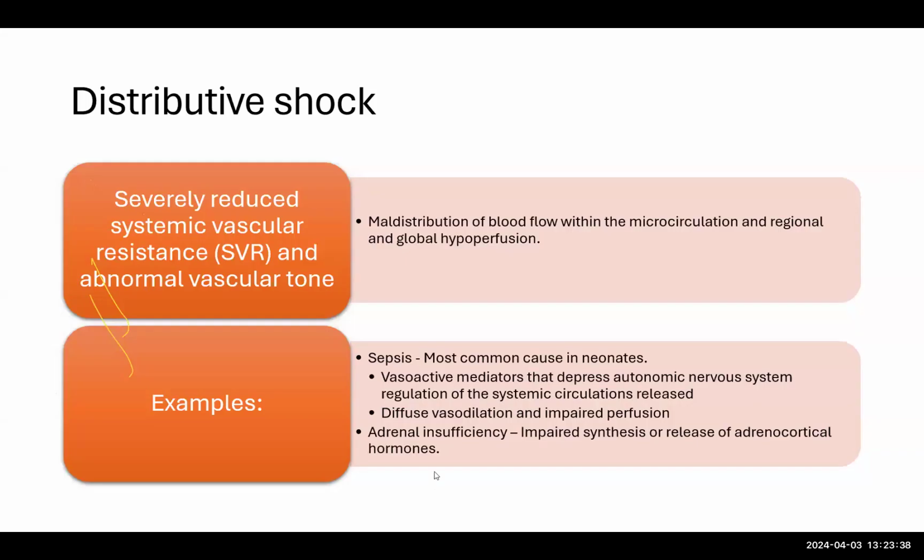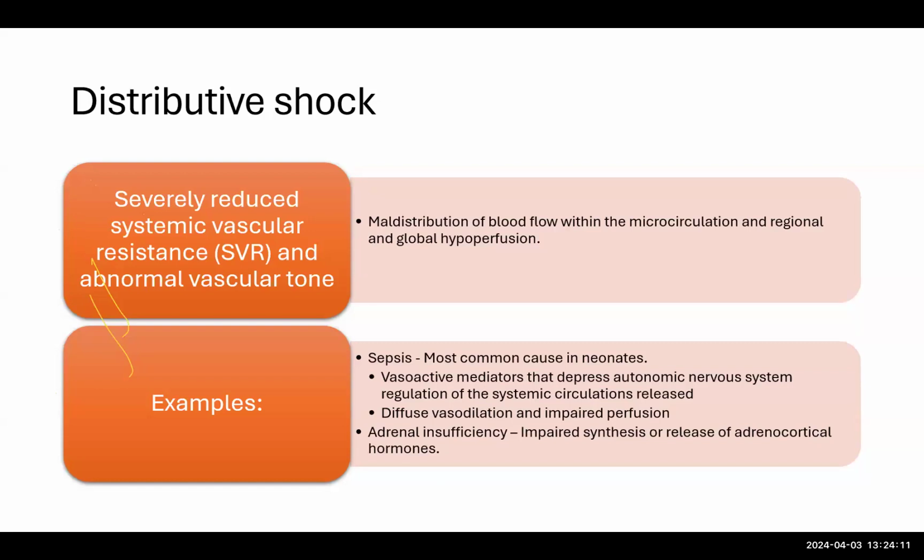Distributive shock. We talk about reduced systemic vascular resistance, abnormal vascular tone because of maldistribution of blood flow within the microcirculation, resulting in hypoperfusion. A common example that I have illustrated in scenario 1 is when the baby's got sepsis, there will be tons of vasoactive mediators that may depress the autonomic nervous system, affect the systemic circulation, causing diffuse vasodilatation. We feel the baby looks warm, looks nice, but actually the tissue perfusion is compromised.